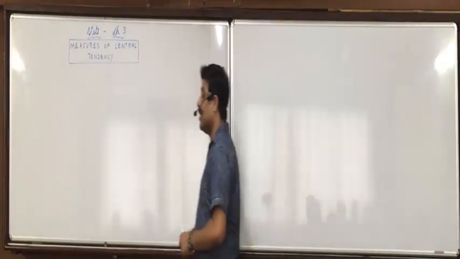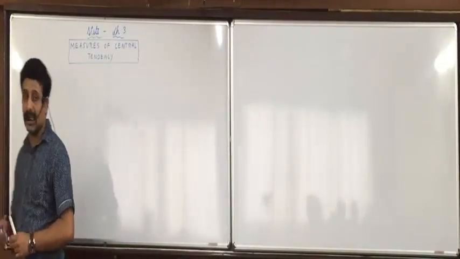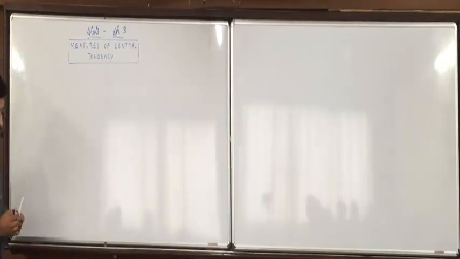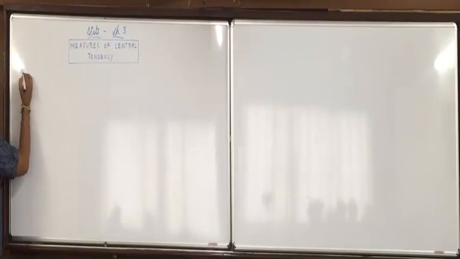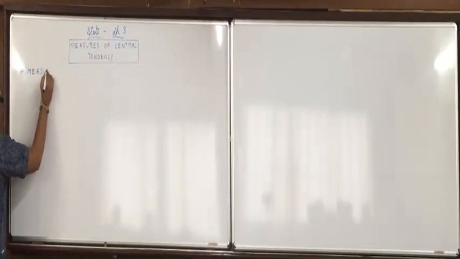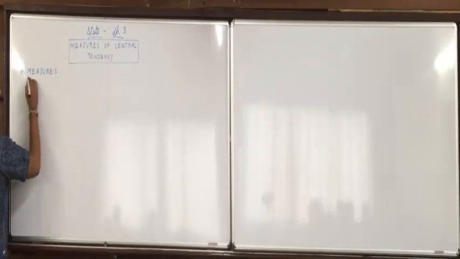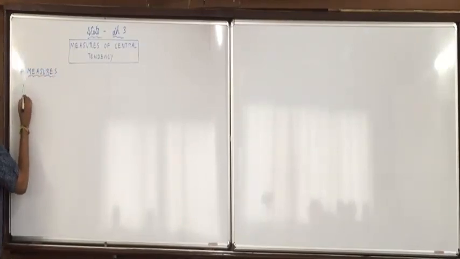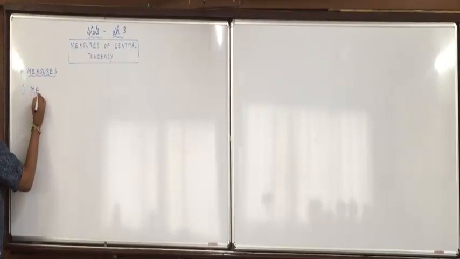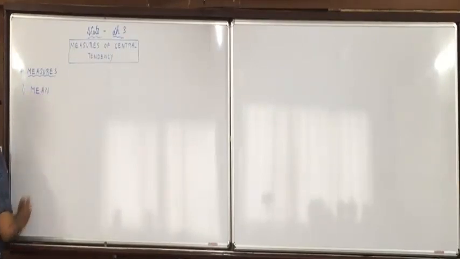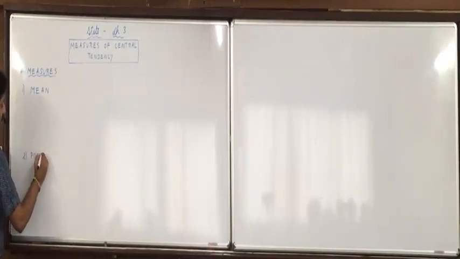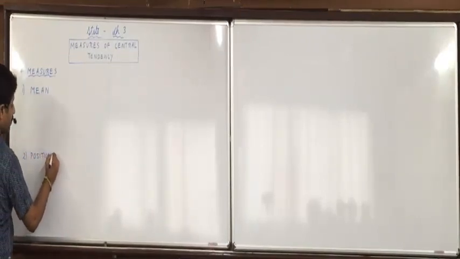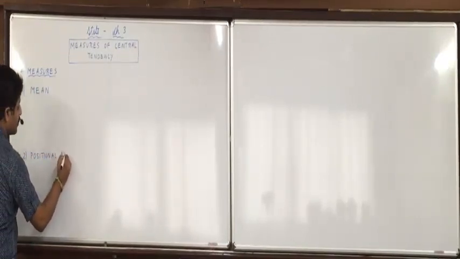Now, we will be studying 3 such measures in this chapter, subdivided into 8. So, which are the various measures we are going to study? Various measures of central tendency. 1, we will be studying mean. 2, we will be studying positional averages.